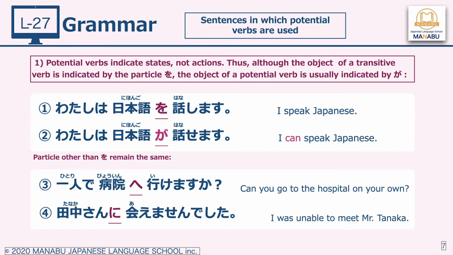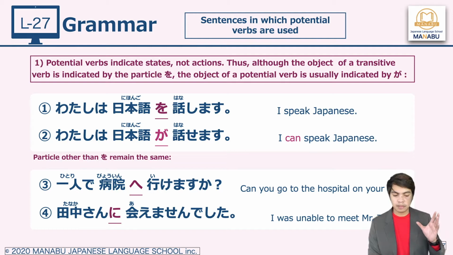So example number 4, Tanaka-san ni aimasen deshita. From the verb aimasu, which means to meet, it will become the potential verb aemasu, able to meet or can meet. And it becomes a negative verb, aemasen, was not able to meet.